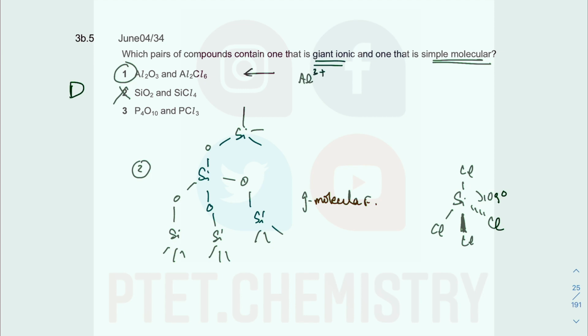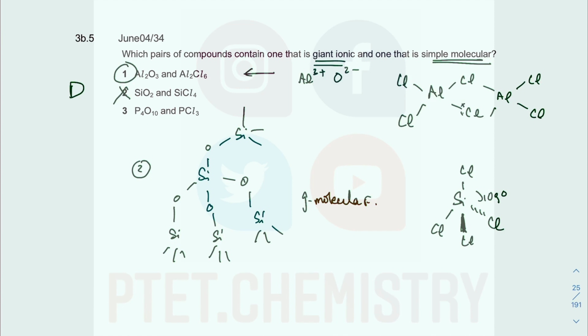You have done electrolysis of Al2O3 from GCSE or O-level. That is because they are ionic. And then you have also done Al2Cl6 as part of your AS level dative covalent bond. The aluminium usually is Al with 3 Cl, but it's got an empty orbital.